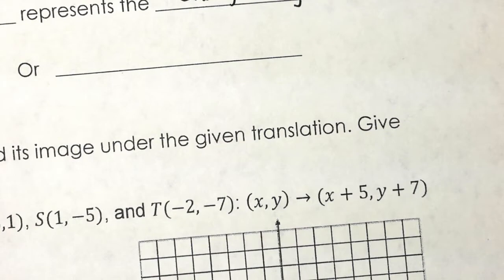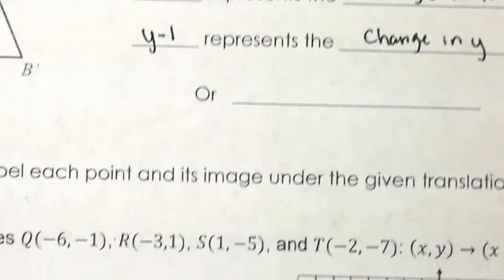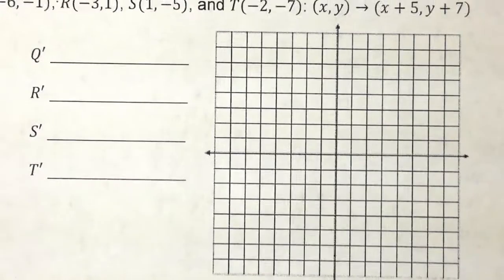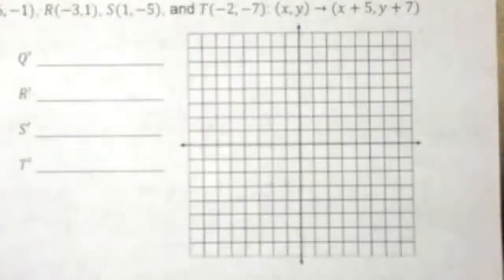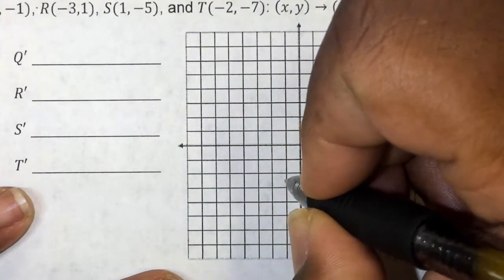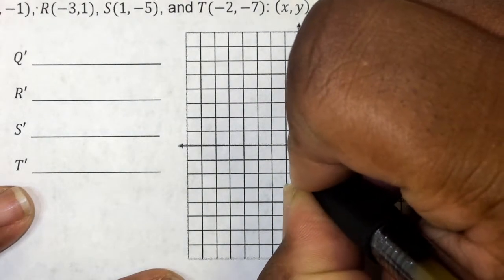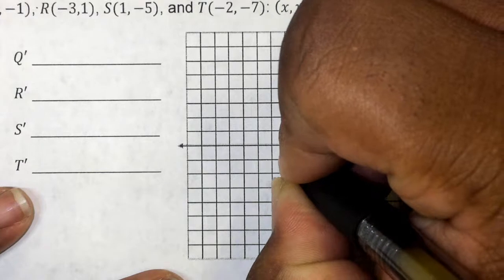And then the mapping rule says (x, y) maps to (x plus 5, y plus 7). First thing we need to do is graph, since they didn't graph it for us, and sometimes we do. On this one they didn't. We need to graph it ourselves.